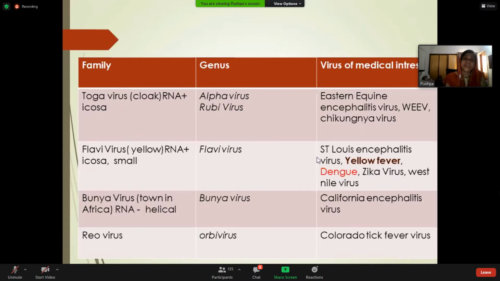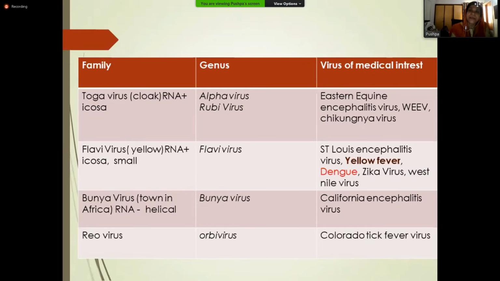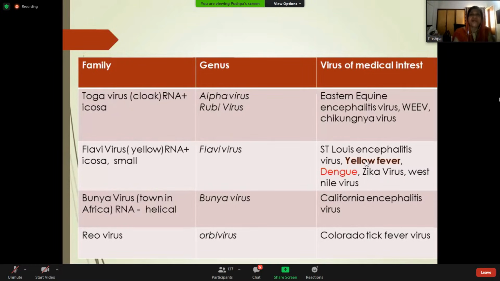We will focus on this group of viruses, the flavivirus, which causes yellow fever and dengue. The names of the diseases are based on whatever disease they cause, like yellow fever, because it causes jaundice, and then multi-system involvement of the liver and also the blood system.